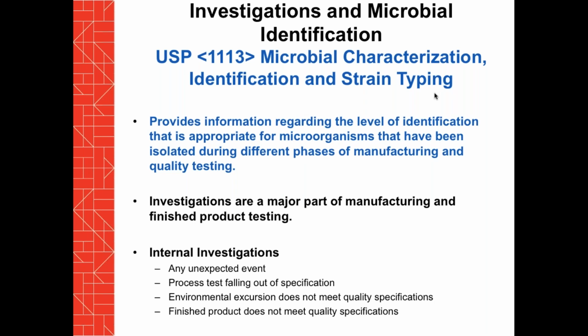Any unexpected event, such as an in-process test falling out of specification, an environmental excursion, or a finished product which does not meet the established quality specifications, should lead to an internal investigation. There should be a standard operating procedure that describes how to conduct and document the investigation and what information should be collected, reviewed, and documented for the investigation.